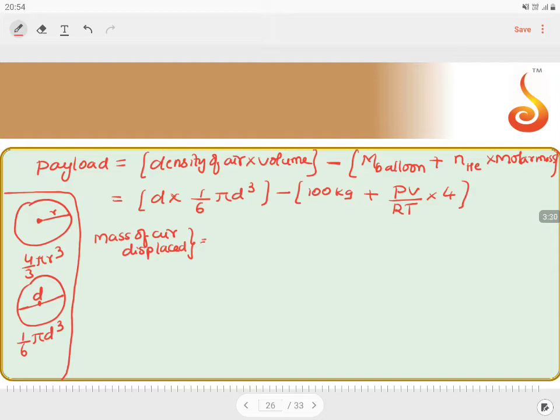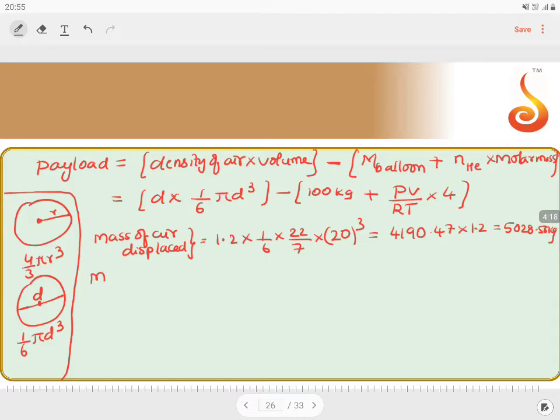Density is given as 1.2, into 1 by 6 into 22 by 7 into d cube. Taking d cube as 20 whole cube, if you substitute, we get an answer of 4190.47 meter cube, into 1.2, which is equal to 5028.56 kg. This is the mass of air displaced, the first part we got.